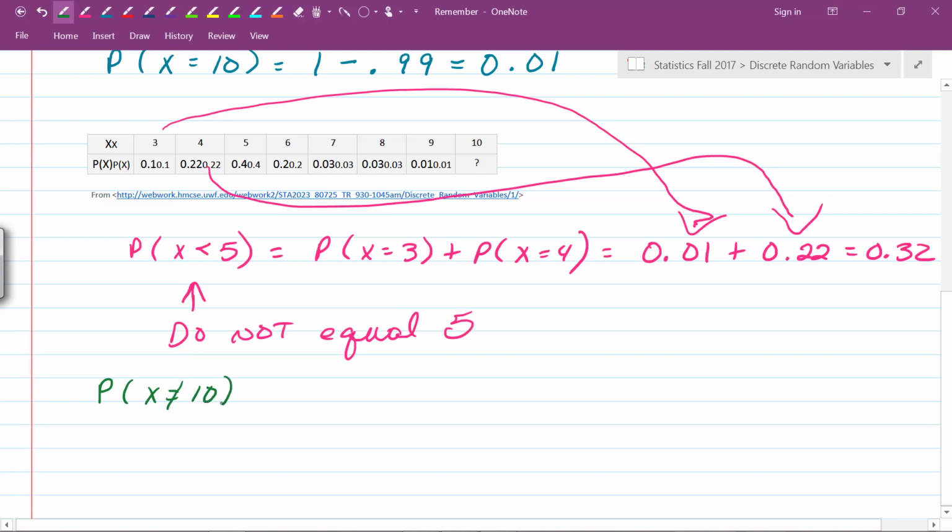There's a couple of ways that we can look at this. If we're not going to have a 10-room unit, that means it can be anything but a 10-room unit, right?